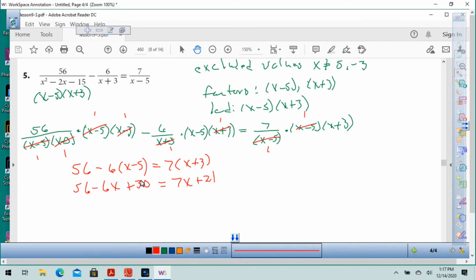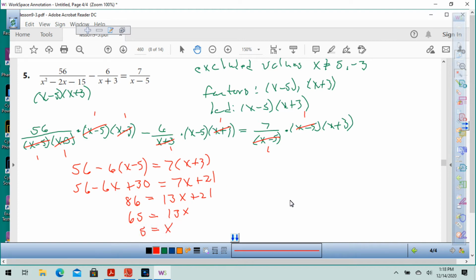Now, let's see, I'm going to combine those two there. That's going to give me 86 equals, add 6x to both sides, I got 13x plus 21. Subtract 21, and that gives me 65 equals 13x. Divide both sides by 13, and I get 5 equals x.